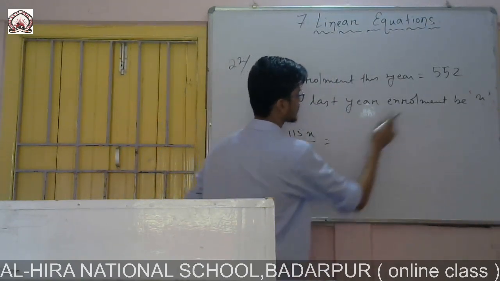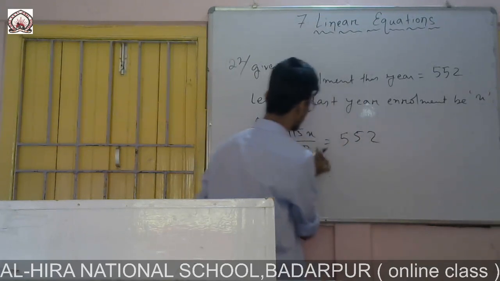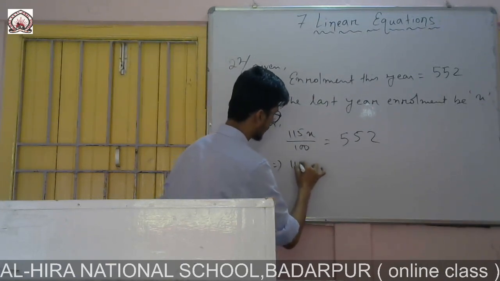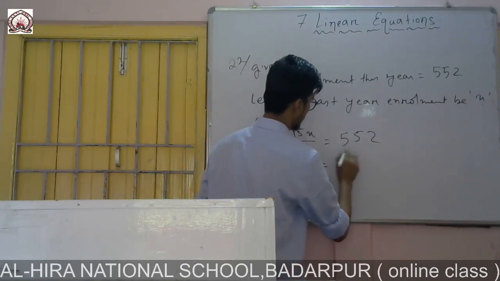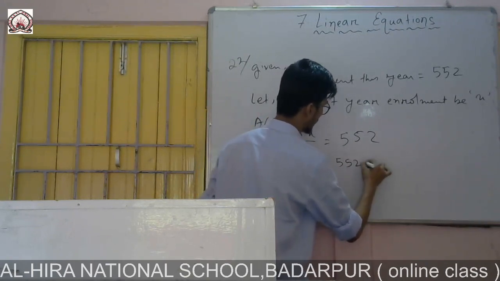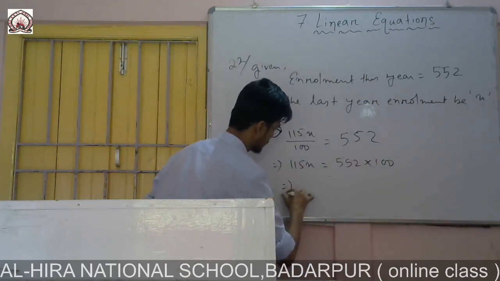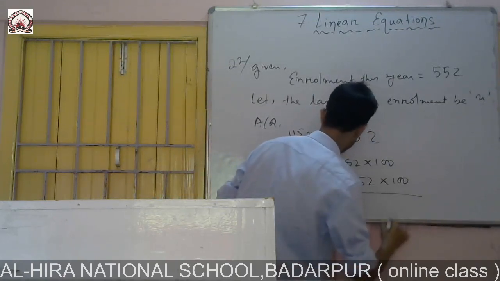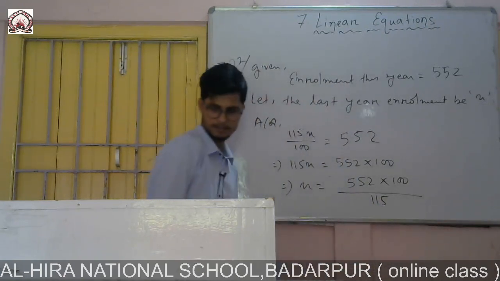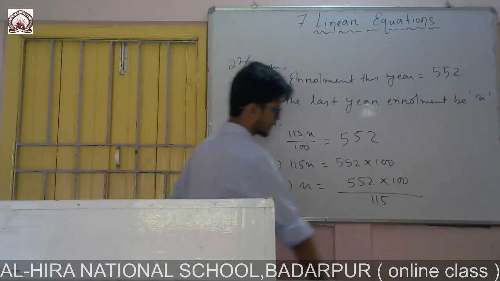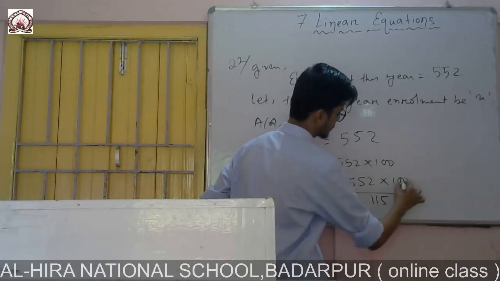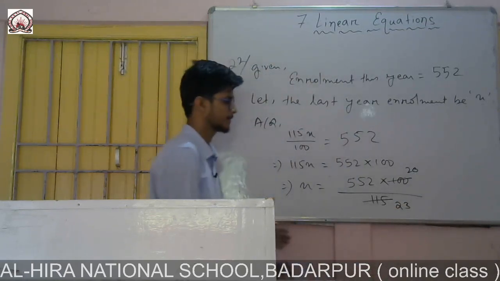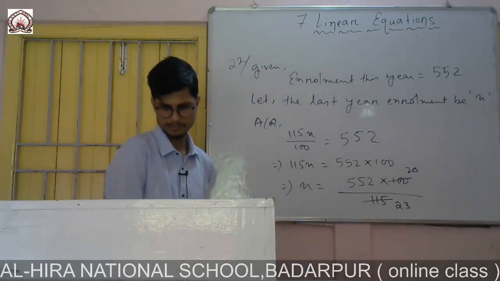And what was this year's enrollment? It is 552. So after increasing 15%, it became 552. So I can write it as 115x equals to 552 into 100. Leave it like this. You will find x. It will be 552 into 100 by 115. I can cancel this one: 5 2s are 100 and 5 23s are 115, and with 23 we can cancel 552.